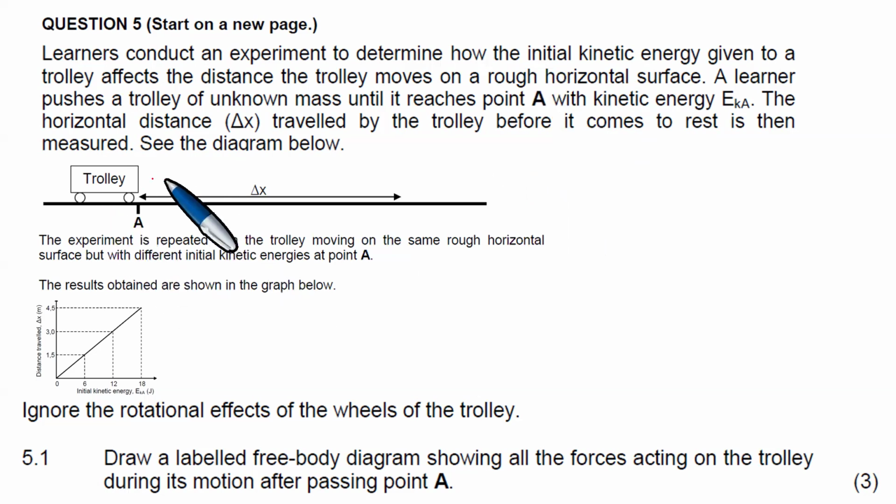These learners are attempting to perform an experiment to determine how the initial kinetic energy affects the distance the trolley moves. If you give it more kinetic energy, does it move more distance? If you give it less kinetic energy, does it move less distance? That is what learners are trying to investigate.